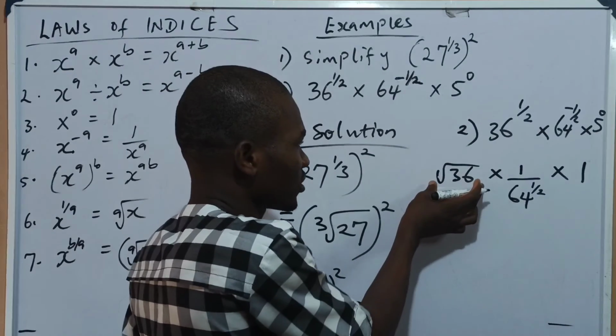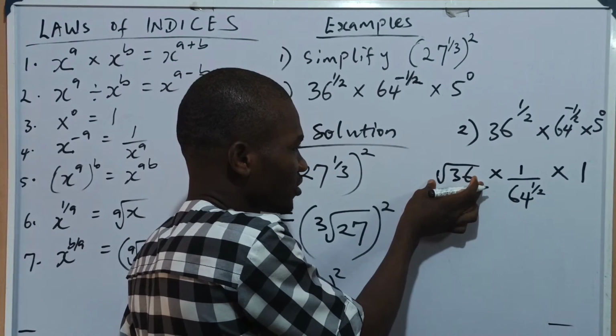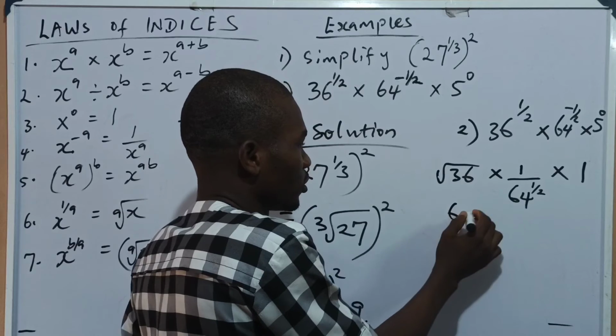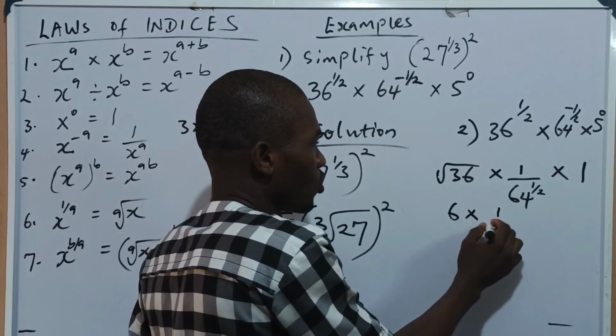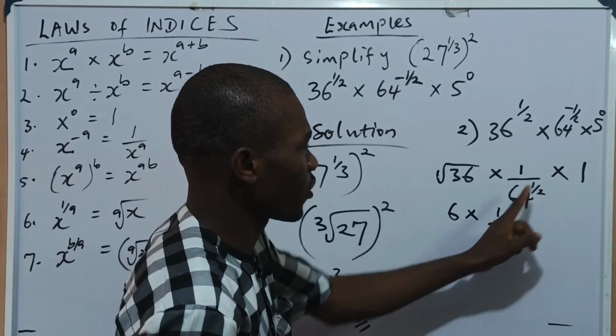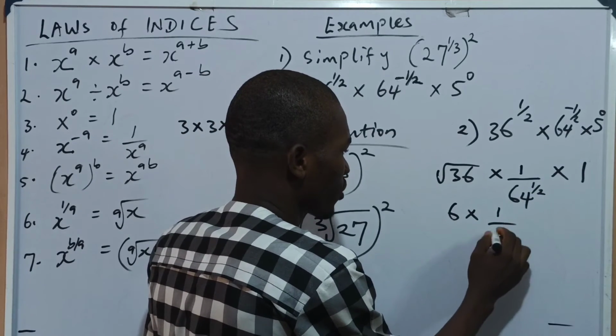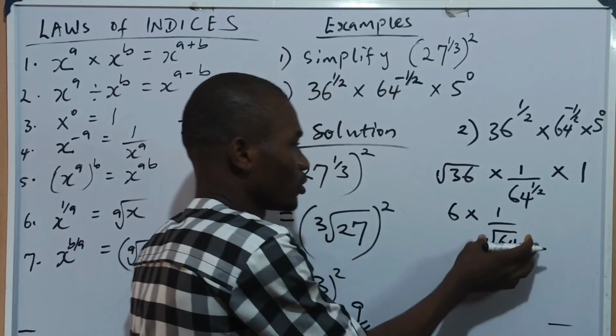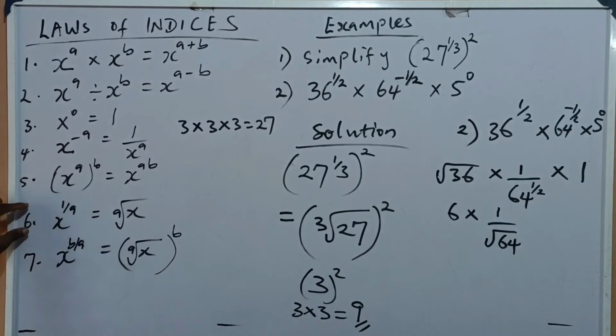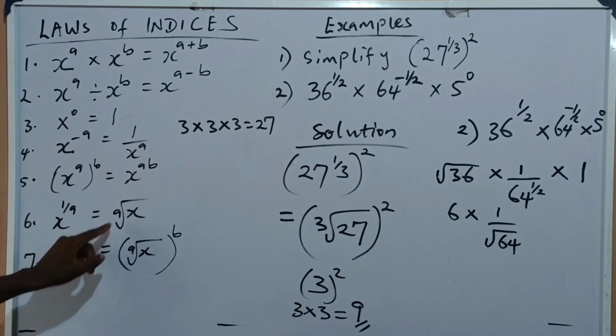Hence, we have that the square root of 36 is 6, multiplied by 1 over, remember, 64 raised to the power of 1 over 2 is the same thing as saying the square root of 64. We are applying law number 6, which states that a given base raised to the power of 1 over a given number is the ath root of that given base.